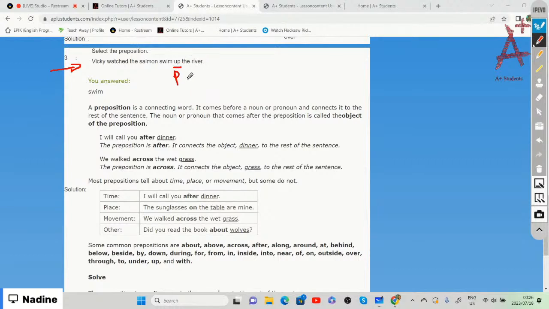And if we were to choose our object of the preposition, we can say it is river. And we're going to say O for object of the preposition. Which means that in the sentence, Vicky watched the salmon swim up the river, we have identified the preposition, which is up. And the preposition up connects the object river to the rest of the sentence.